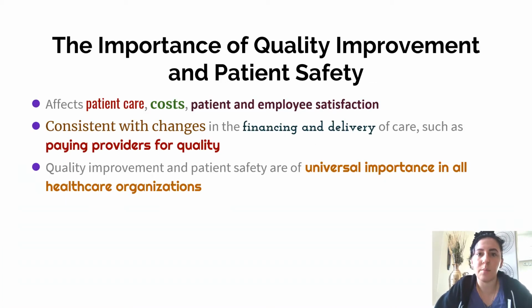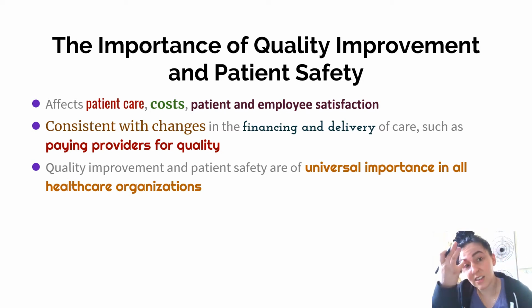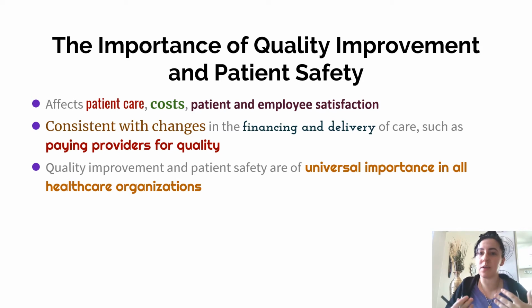So, the importance of quality improvement and patient safety. Patient safety and quality in care are going to affect patient care, the overall cost of the organization, the cost of resources, the cost of labor, the cost of treatments, everything, as well as patient and employee satisfaction.